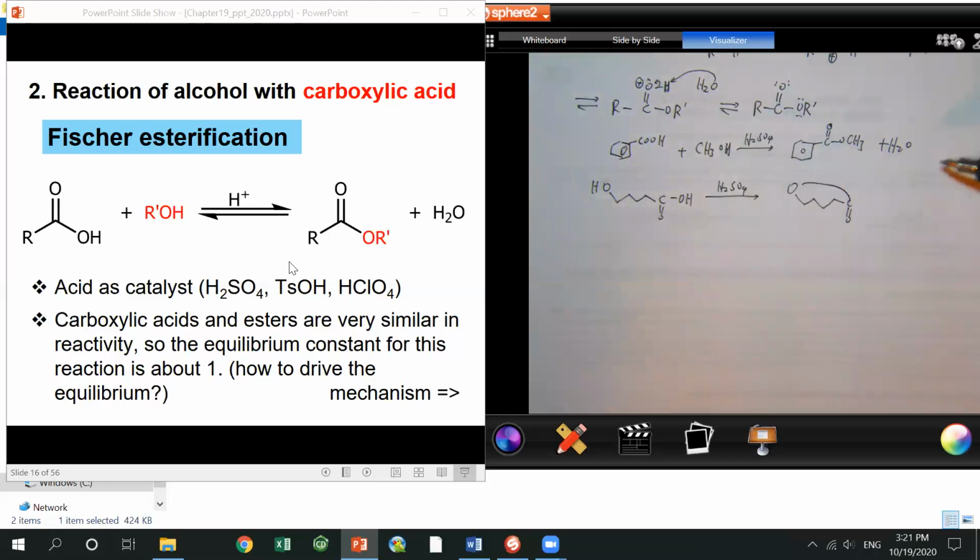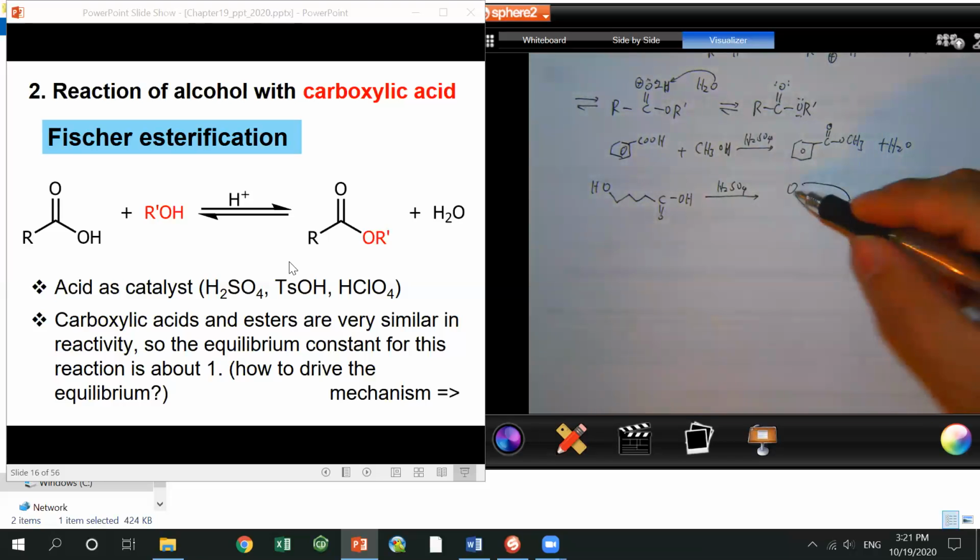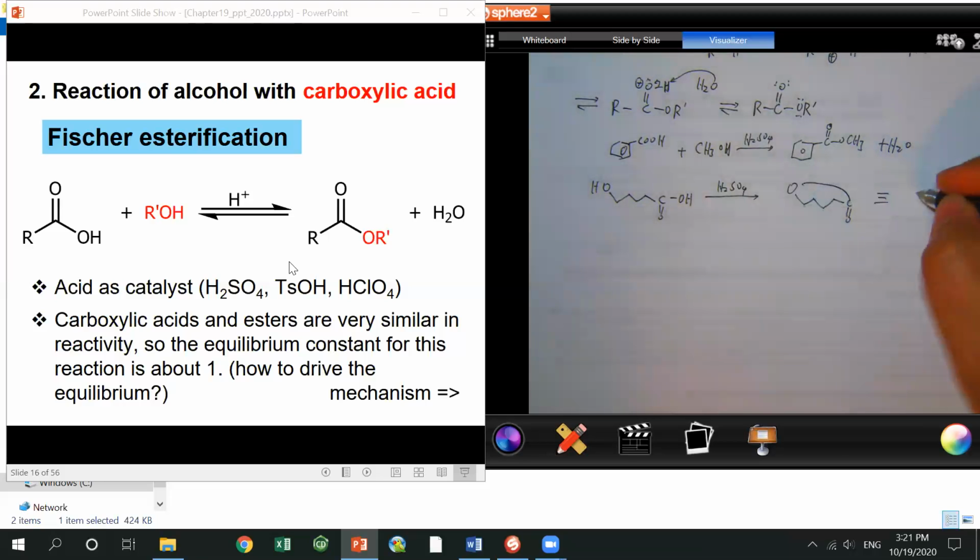For the pretty one, you count the atoms here, okay, 1, 2, 3, 4, 5, 6-membered ring, okay. Yeah. So this one will actually generate what we call an internal cyclic ester, okay. A cyclic ester has a very special name called a lactone, okay.